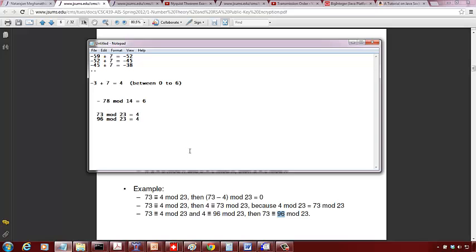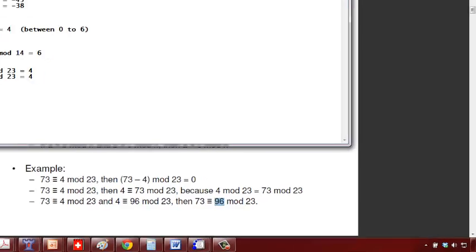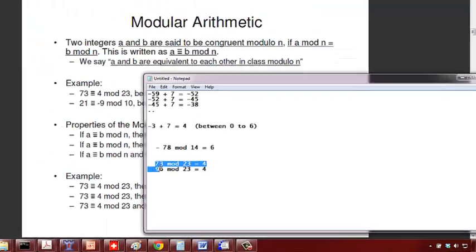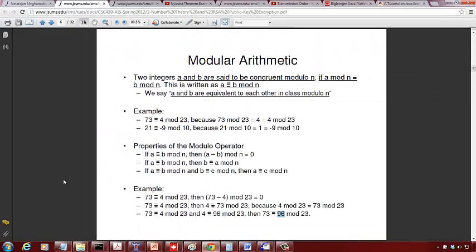Okay, so what we say is, in the class modulo 23, 73 and 96 are said to be equivalent to each other.